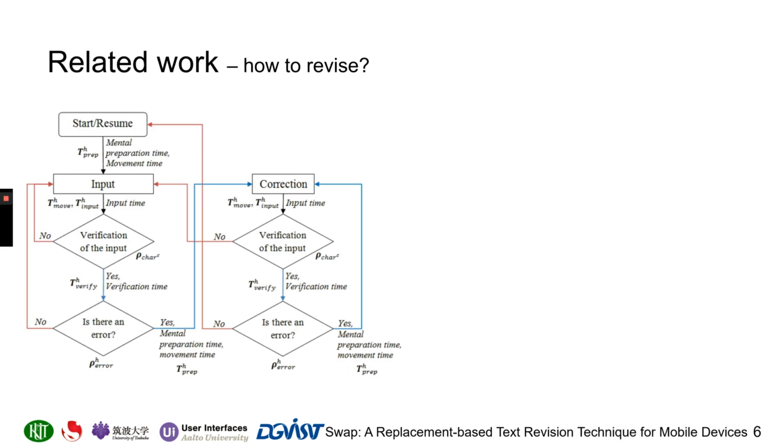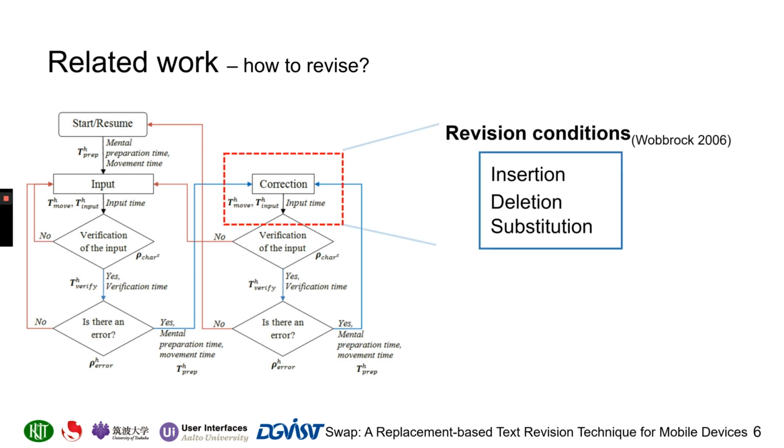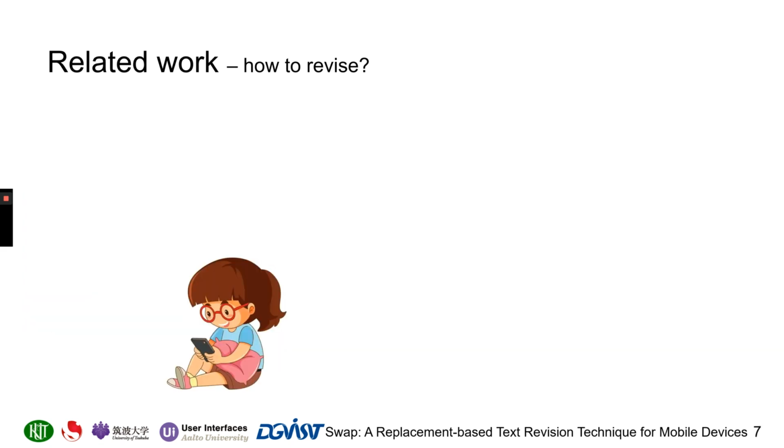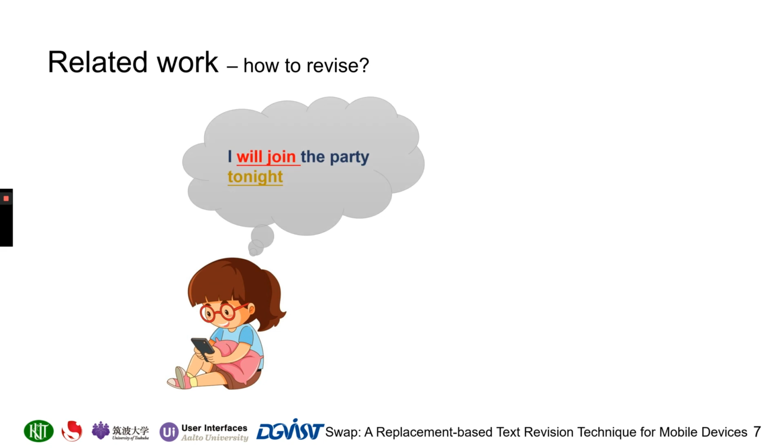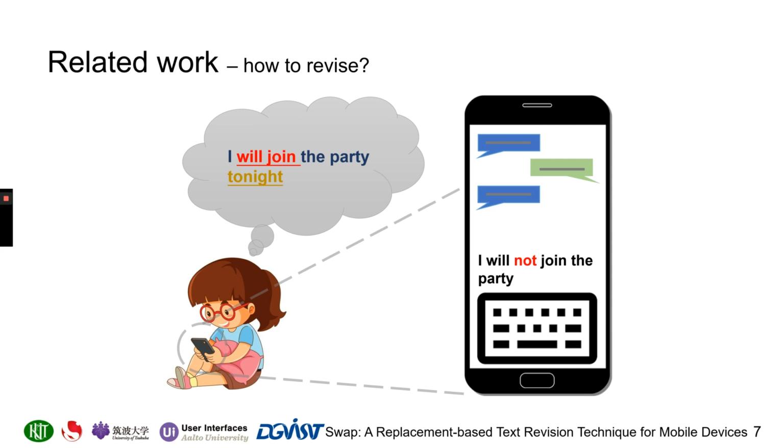We further analyzed the correction step and found that there are three main types of revision. In smartphone typing, those types of revision may lead to various operation procedures with frequent use of backspace and cursor control. For instance, this girl wanted to type "I want to join the party," but she already entered "will not" on the smartphone. So how could she revise that?